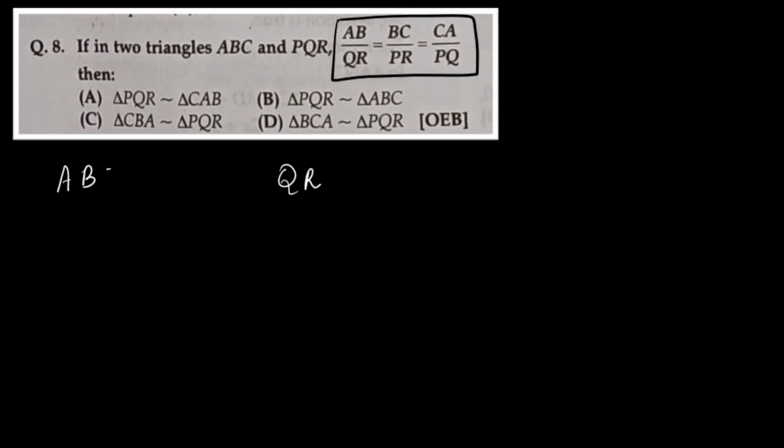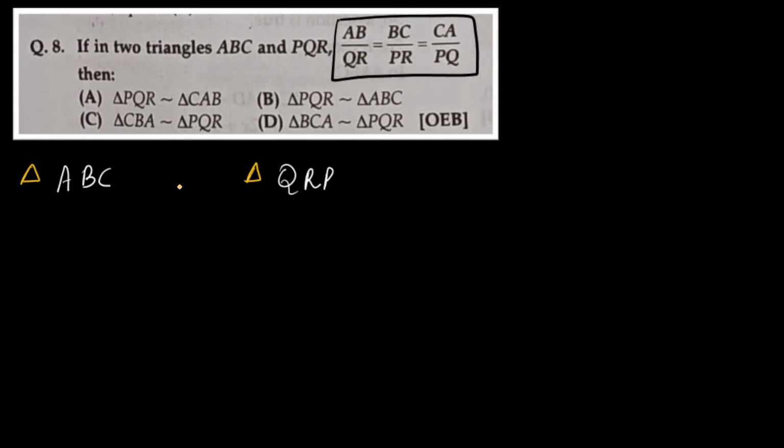B is already written, so I only have to write C, and R is already there, so P I have to write. This is how I got the names of the triangles. So ABC and QRP are similar to each other.